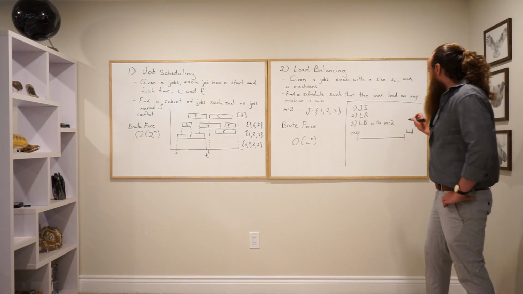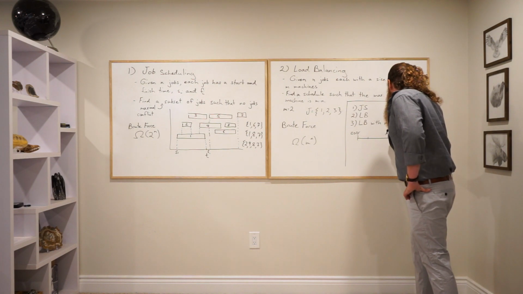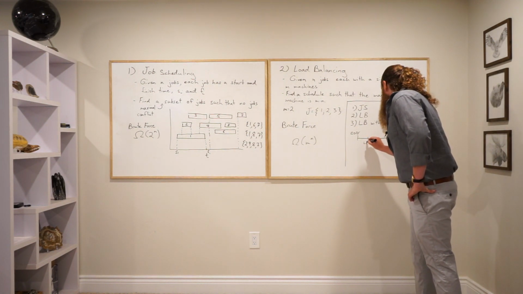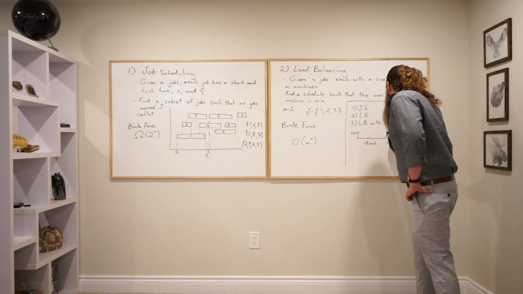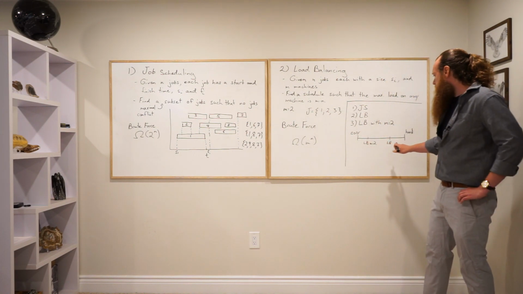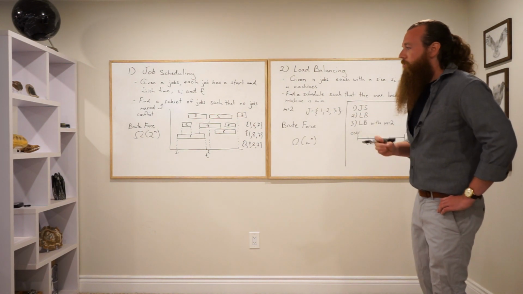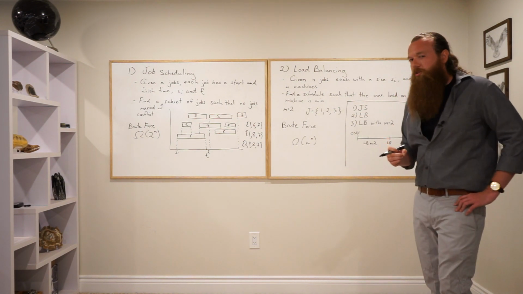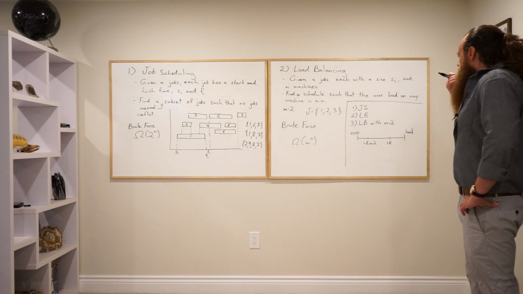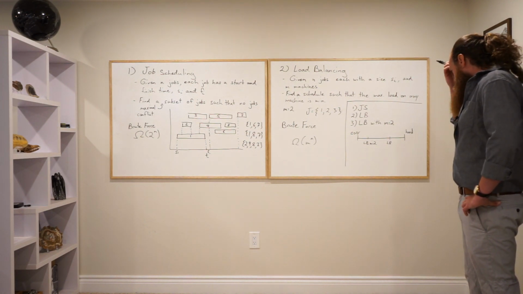So I'm going to say load balancing with m equals 2 is here, and load balancing is here. All I'm saying is load balancing is harder than load balancing with a constrained small number of machines.